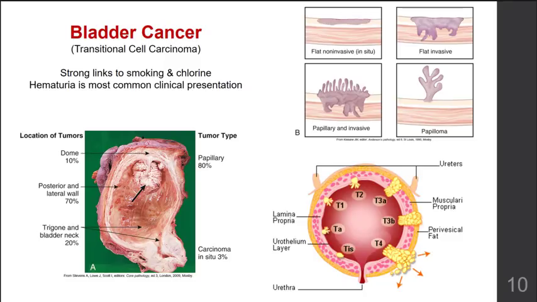They might have urgency. Urinary urgency is that sudden urge to urinate. Urge incontinence is involuntary loss of control of urine flow. And finally, this image here is showing you when carcinoma, bladder cancer, goes from an in situ stage and progresses and worsens and invades.